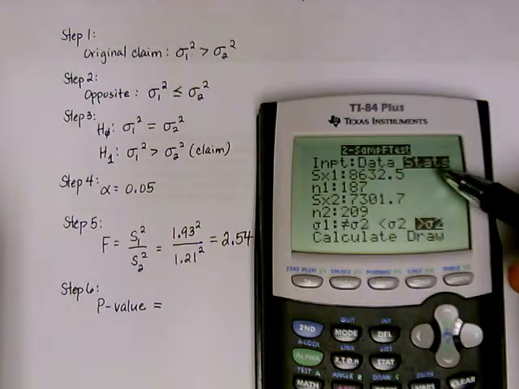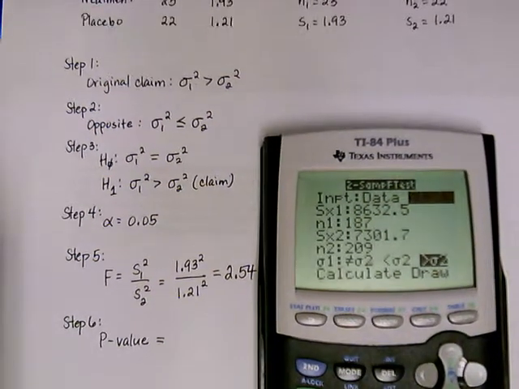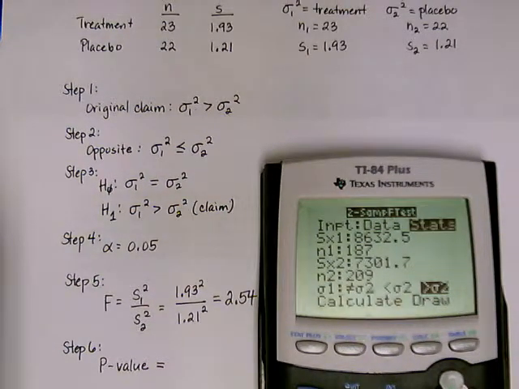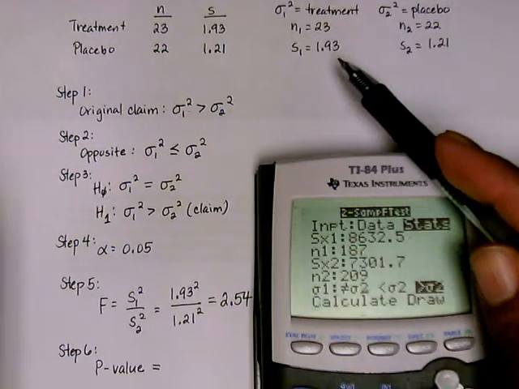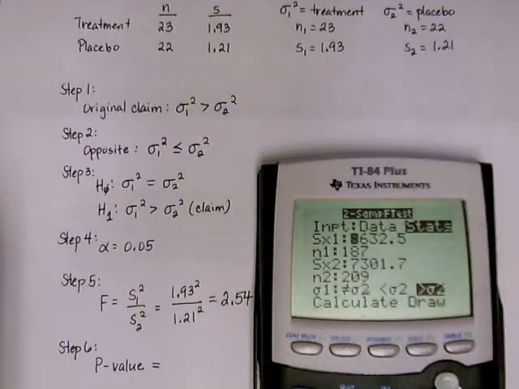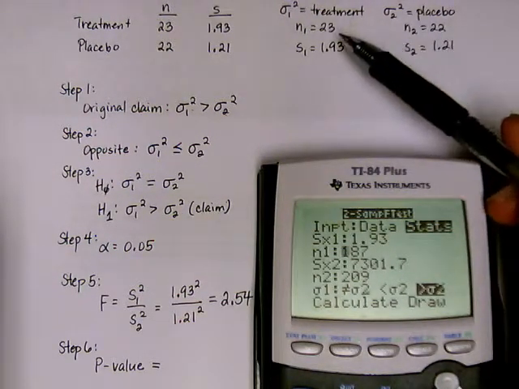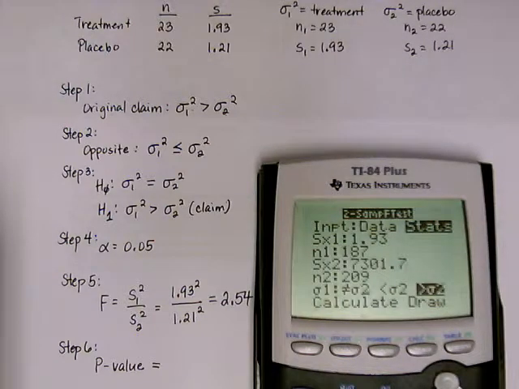Stat should be highlighted as usual because we're only given sample statistics here. Your S1 was 1.93, so we type that in. N1 is the sample size where the larger sample standard deviation is drawn from. That's 23. S2 is 1.21. And then N2 was 22.